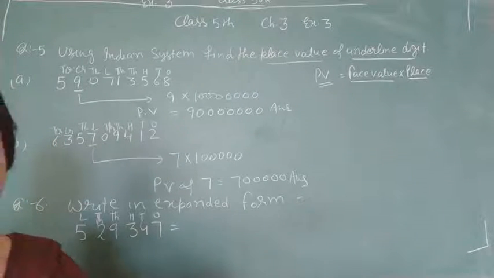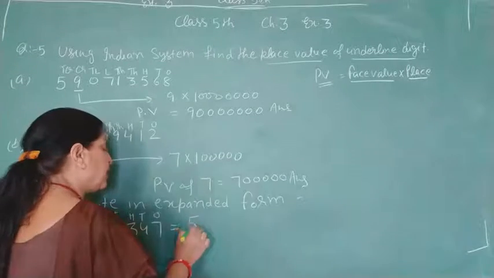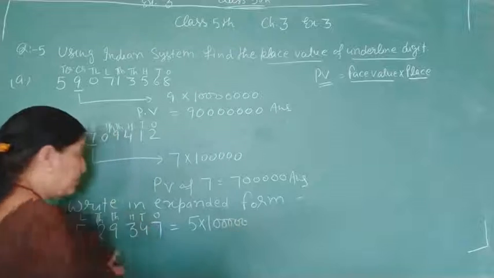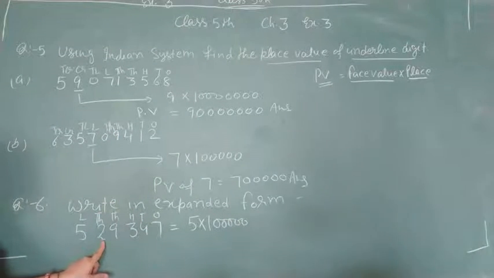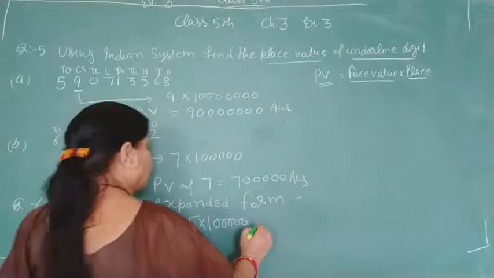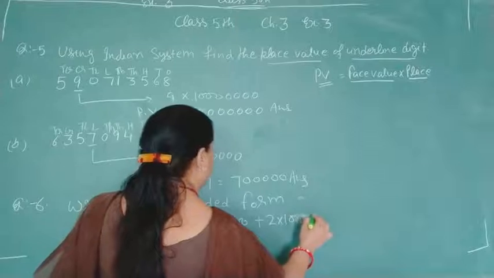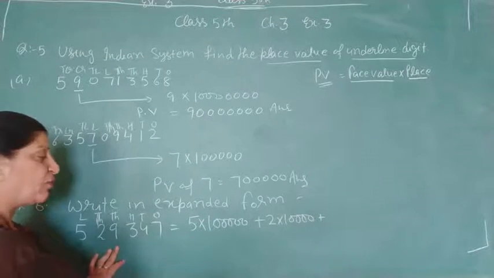Now here we see that 5 is at the place of lakh, so we multiply this number by lakh. After that, we see that 2 is at the place of 10,000. So we multiply 2 by 10,000. Now we see our next number and it is at the place of 1,000.